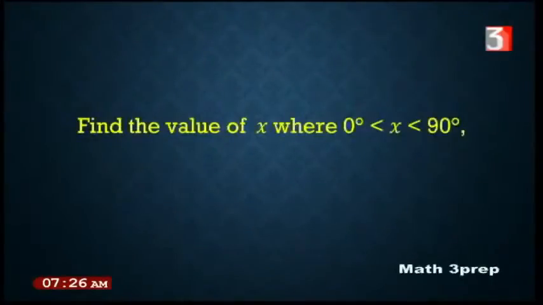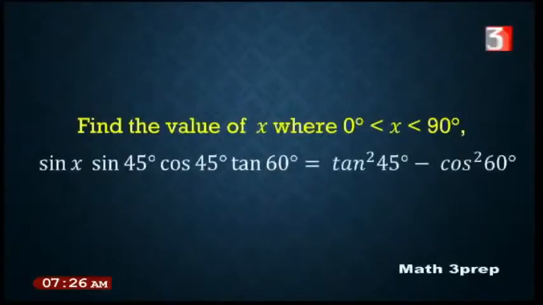Find the value of x where x is greater than 0 degrees and smaller than 90 degrees. It means that x is an acute angle. If sine x times sine 45 degrees times cosine 45 degrees times tan 60 degrees equals tan square 45 degrees minus cosine square 60 degrees.